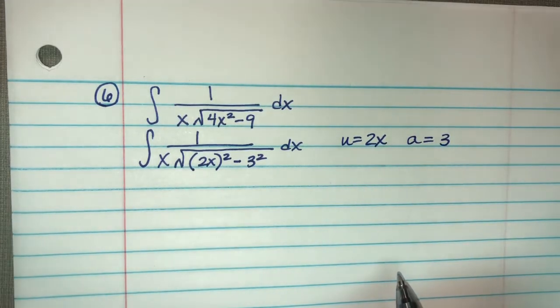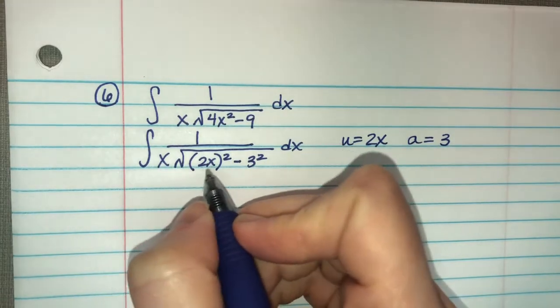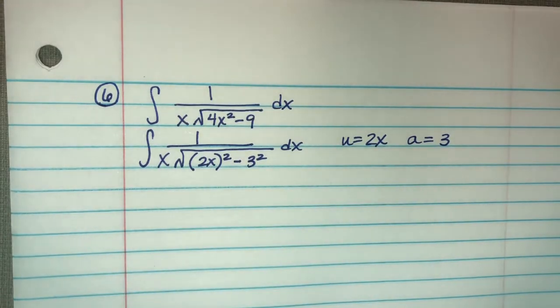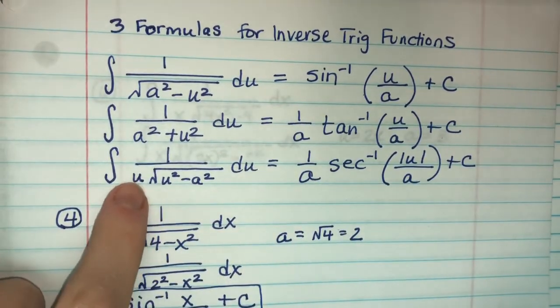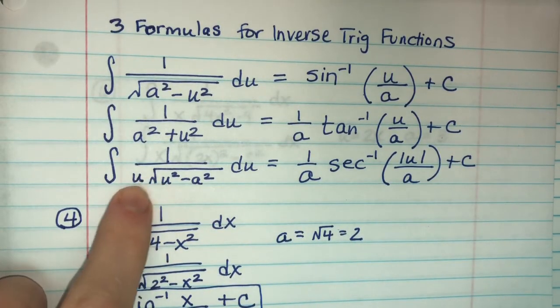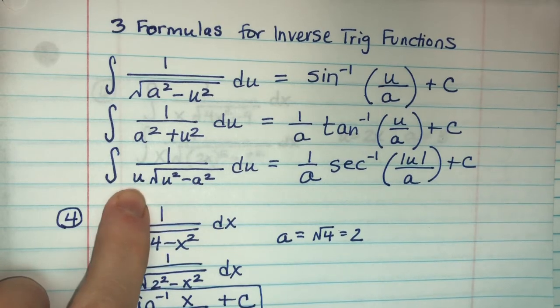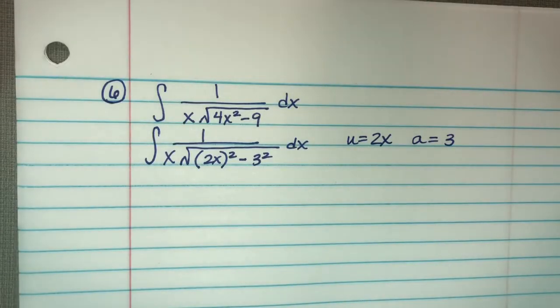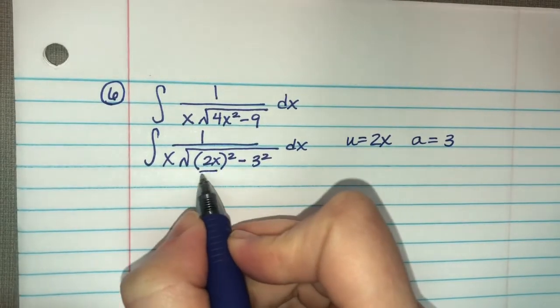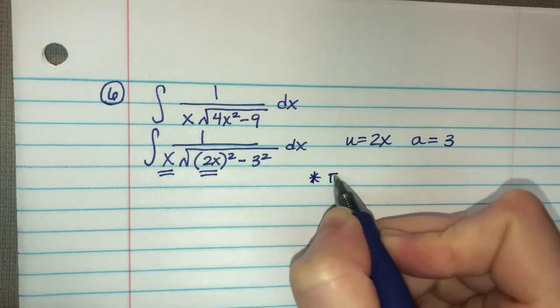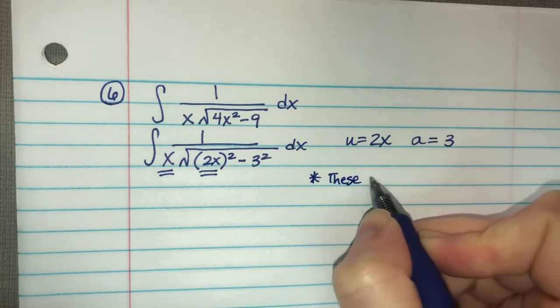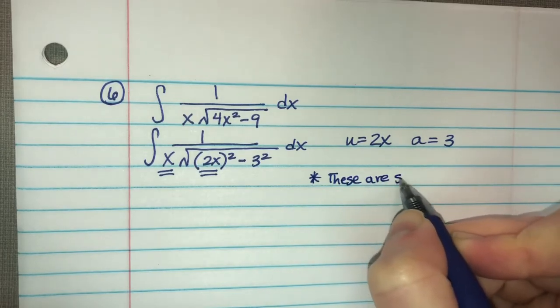But we have a problem here. Have you noticed, let me put this other one back. When we had the inverse secant one before, u is out front and u is squared. These are the same thing. These are supposed to match, and right here I have a 2x, but over here I have an x. These are supposed to match, and they do not.